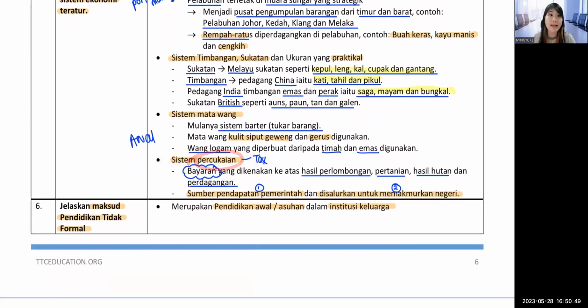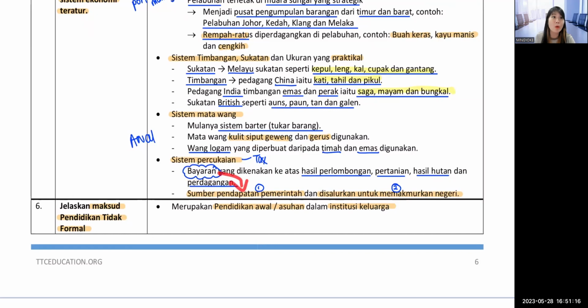Taxation, percukaian, is actually a payment on our income. The income that we get from mining, income from farming, income from forest, income from trading. And this is a payment where they gave it for the income that they have.